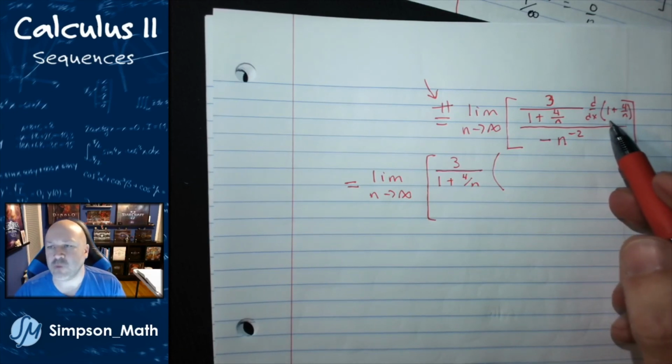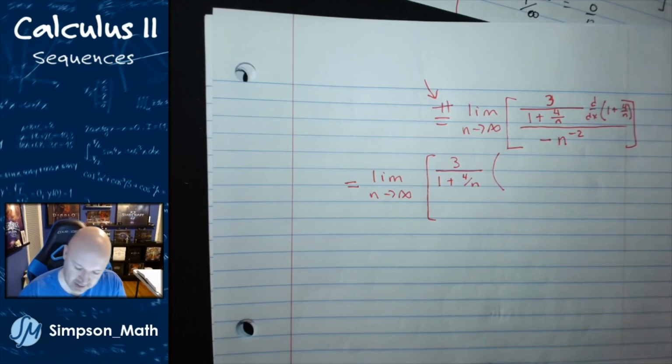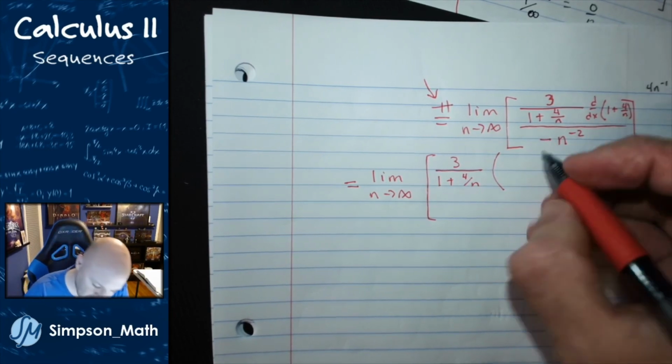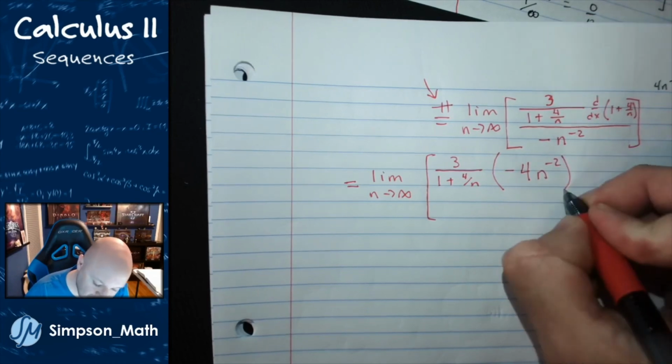Well, the derivative of 1 is nothing. I don't have to worry about it. And this is just 4 into the negative first. So I can take the derivative of that. That's just going to be a negative 4 into the negative second power.